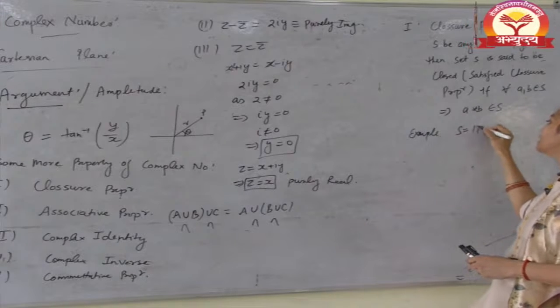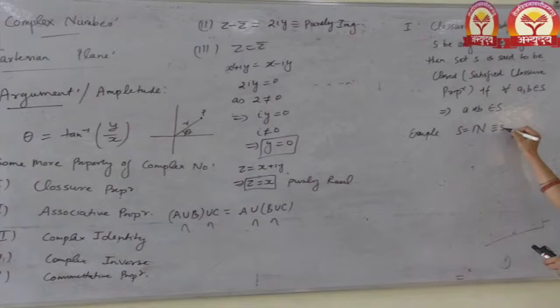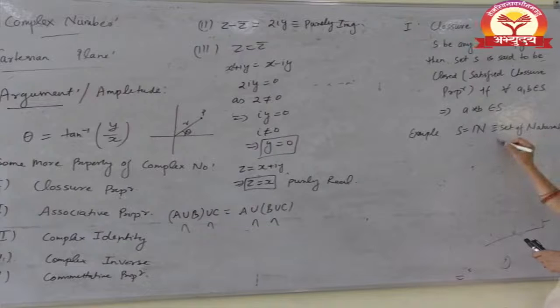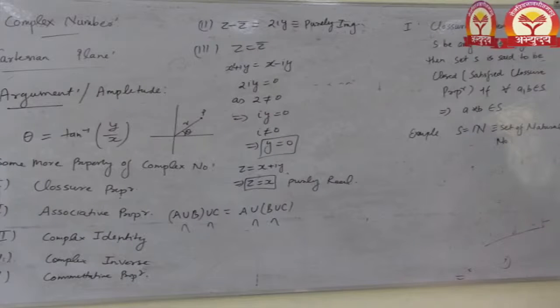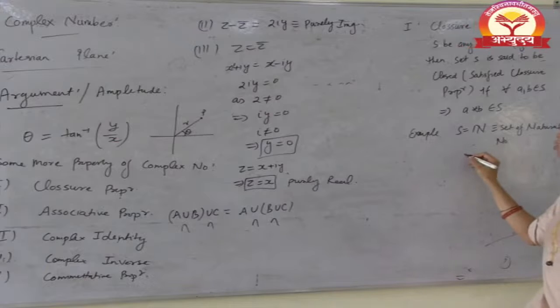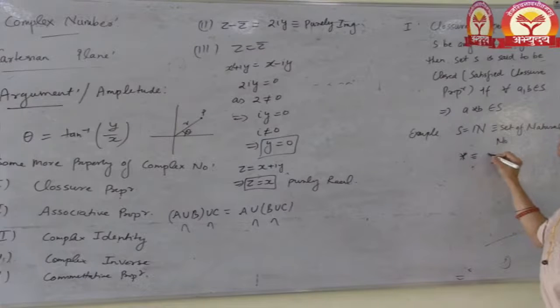suppose S is the set of natural numbers. The set definition is lengthy. Suppose the set is the natural numbers and the operation star is what? Addition.